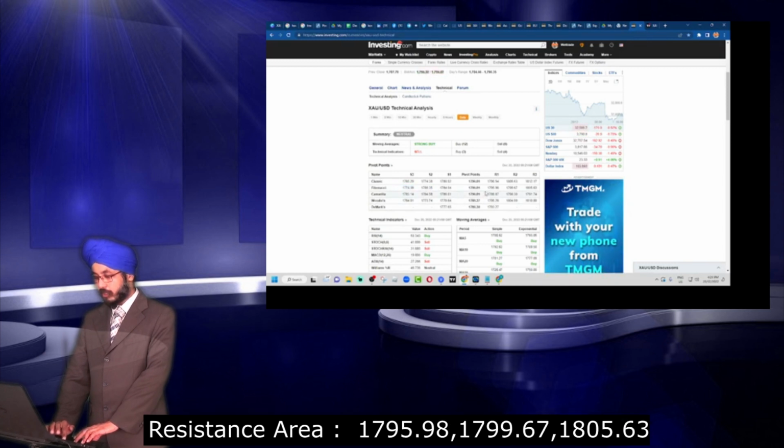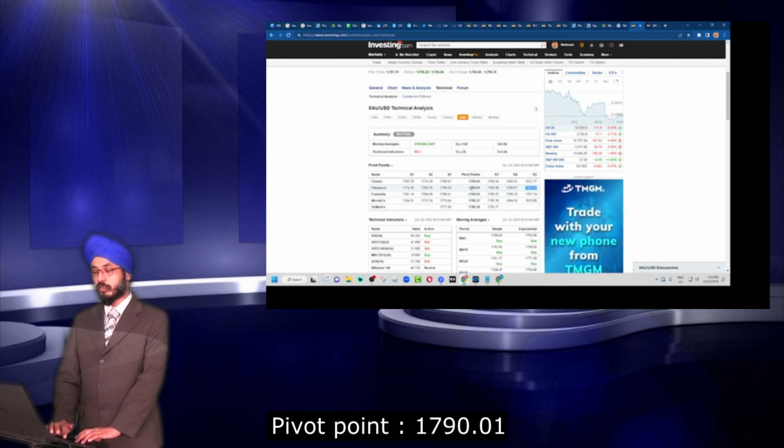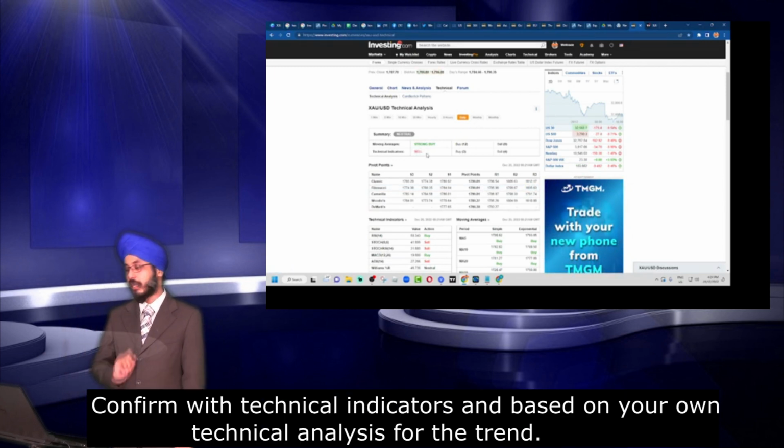For our resistance points, resistance 1 is 1795.98, resistance 2 is 1799.67, and resistance 3 is 1805.63, and our pivot point would be at 1790.01.